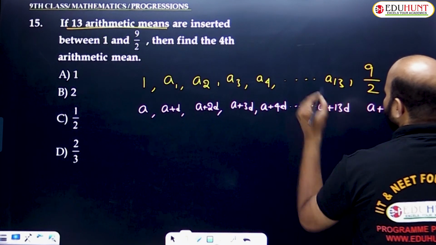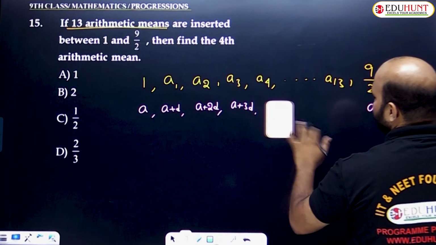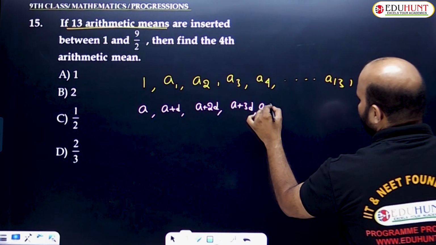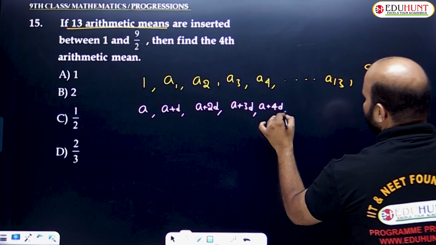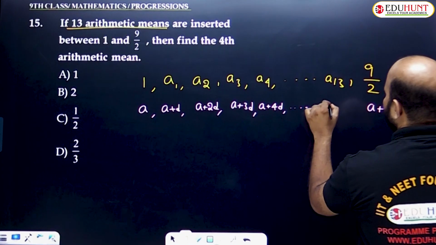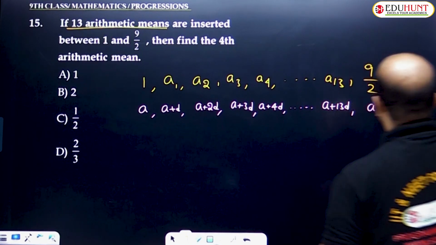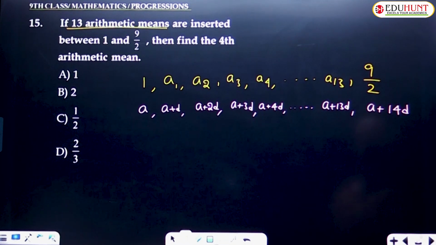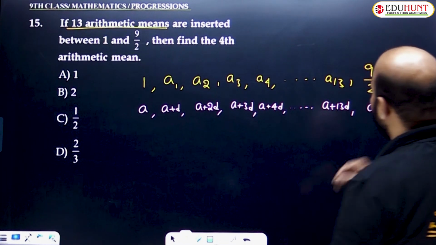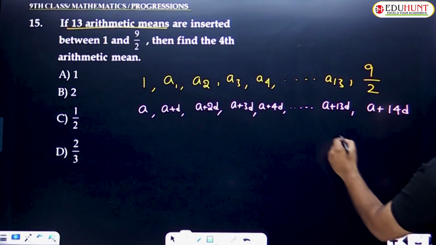What is the 13th mean? A13 is a + 13d, and the last term, 9/2, is a + 14d. Am I clear? So already, how many terms are these? These are total 15 terms.